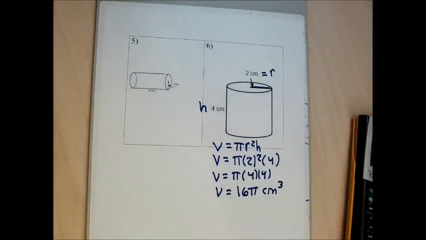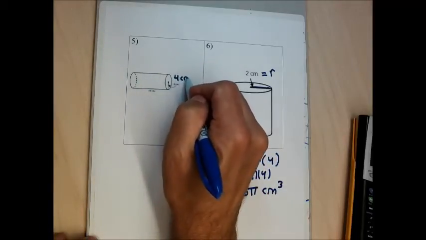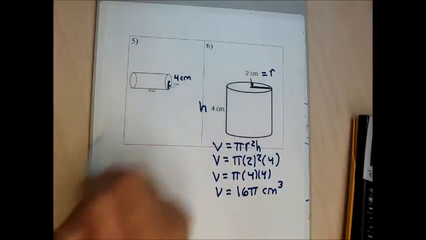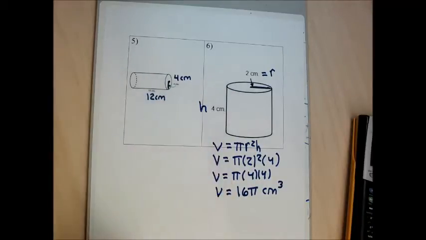And when I go to write my answer to problem 6, I'd probably say the volume is 16 pi. The units are going to be cubic centimeters. For your problem 5, if you can't read the dimensions here, this radius is 4 centimeters and the height is 12 centimeters. And for number 5, you're trying to get 192 pi cubic centimeters.